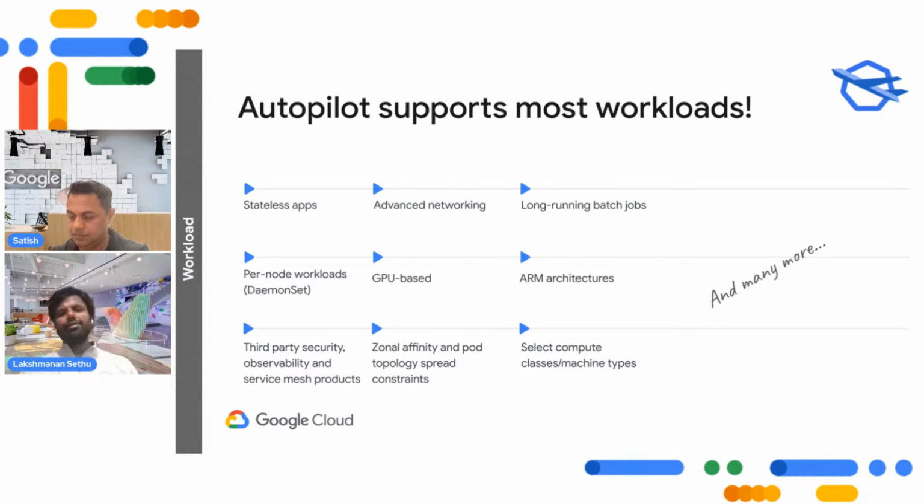And long running batch jobs, right? Let's say you want to run batch jobs, that is also possible with Autopilot. And GPU based workloads, for example, in this era of generative AI, you want to run some AI and ML workloads on Autopilot. That is also possible. And ARM based architecture is also possible with GKE Autopilot.